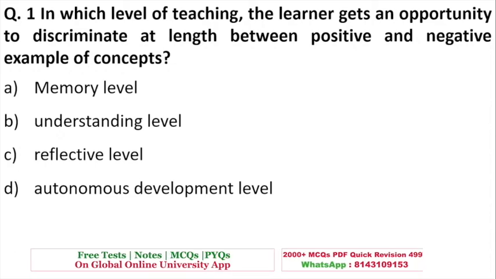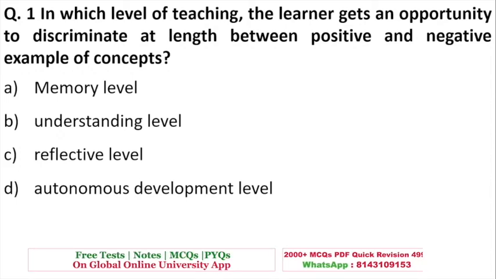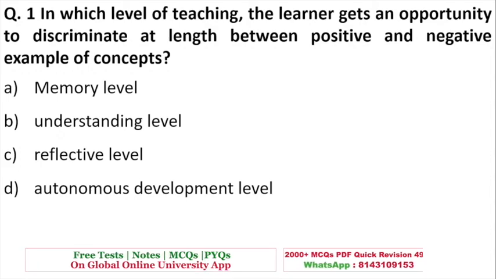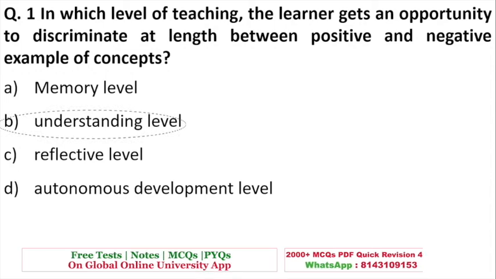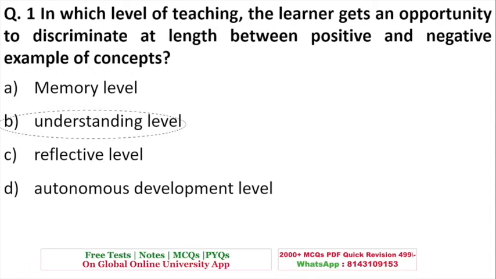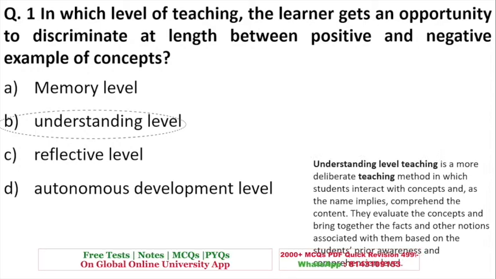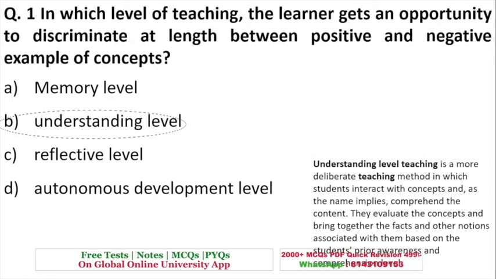So, in which level does the learner get an opportunity to discriminate between positive and negative examples? It is the understanding level. So your right answer is option B, understanding level.